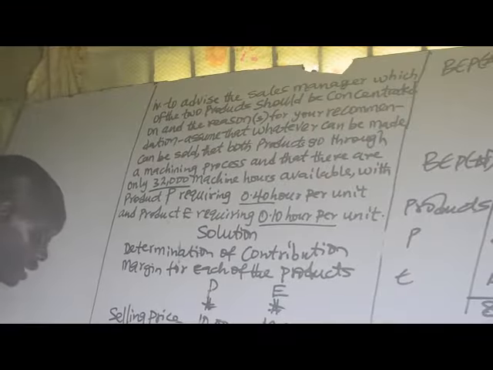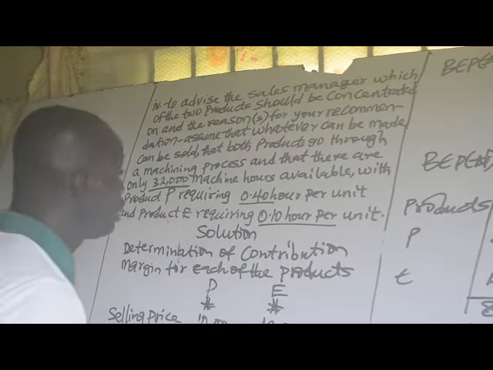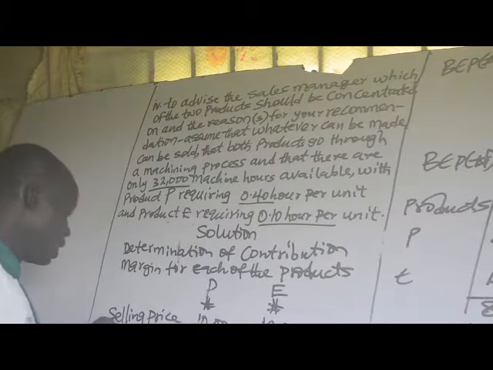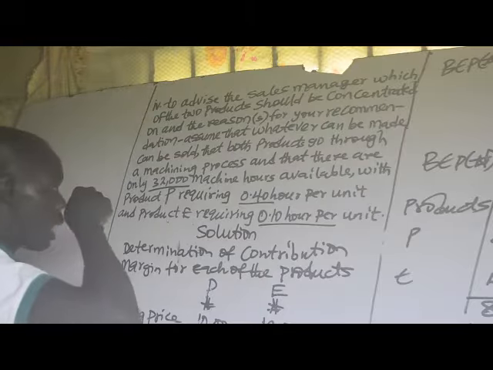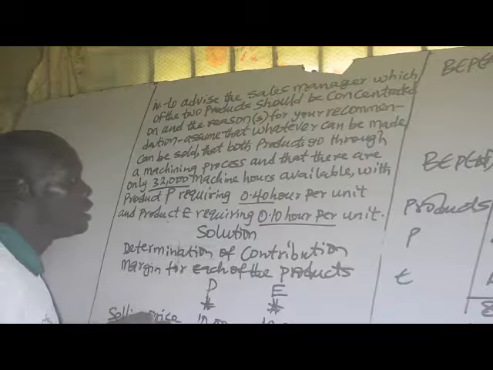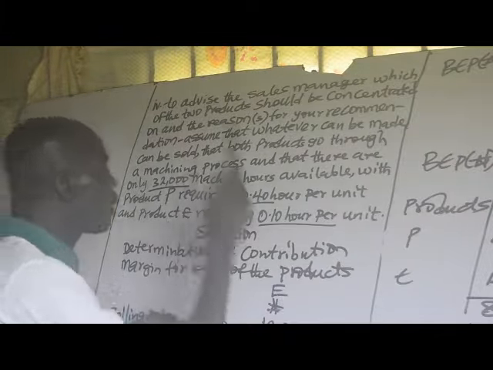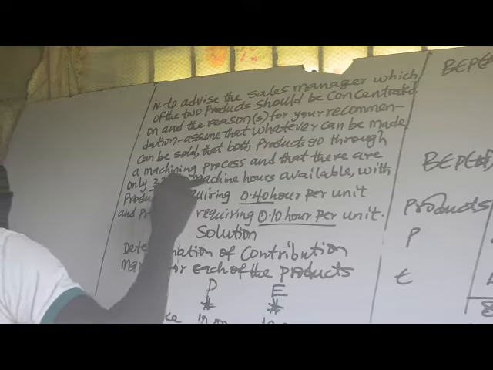So in that case, you can't confirm the adequacy of the 32,000 machine hours. We have determined our contribution margin earlier, so you don't need to repeat that again. Just confirm the maximum unit of either product that can be produced given the available machine hour.